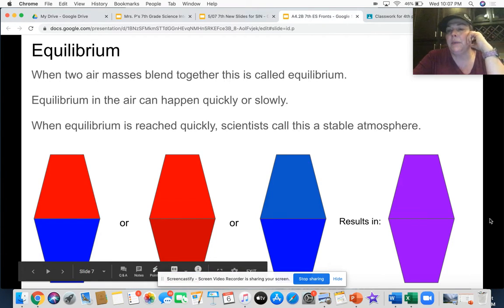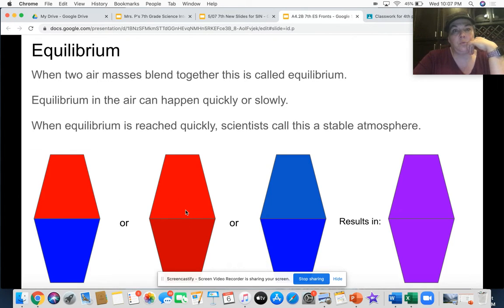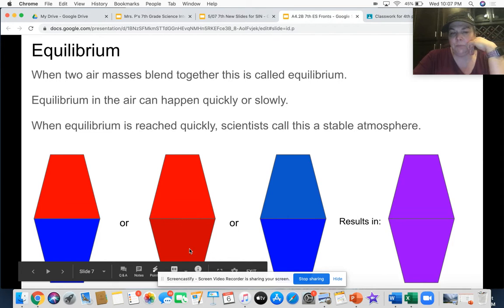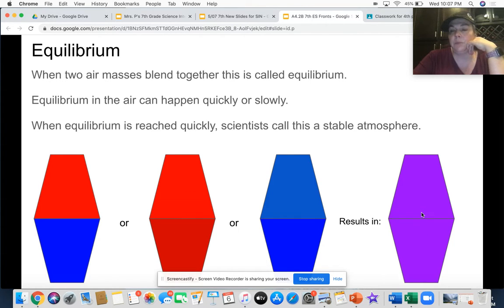Now, this can happen in a couple of different ways. I can have a cool front and a warm front, and they mix together and make our regular purple front. We have equilibrium. But what if I took a warm front and a slightly less warm front? Because they're almost the same temperature, they're going to have equilibrium quickly.